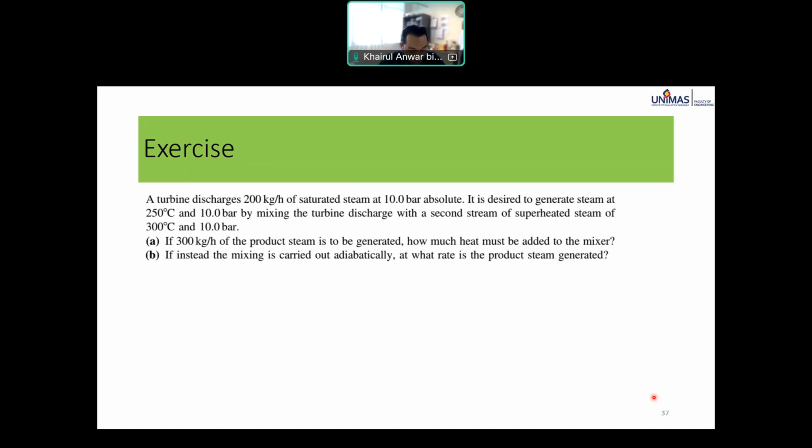Since this is a turbine, delta EP, the potential energy, is 0. Next, check what else is 0: Ws.